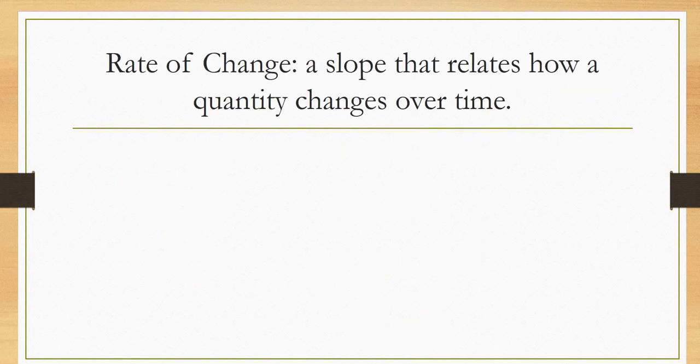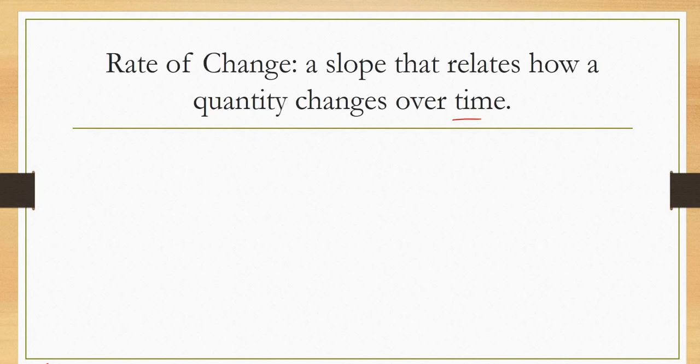Now, the last thing for real, the rate of change. Rate of change is a slope that relates how a quantity changes over time. So for example, if I am traveling 300 miles, I start at 0 at my house and I go 300 miles, and it takes me 5 hours.